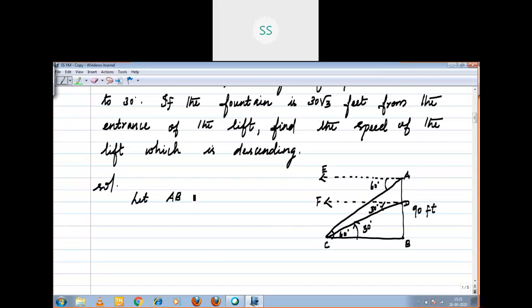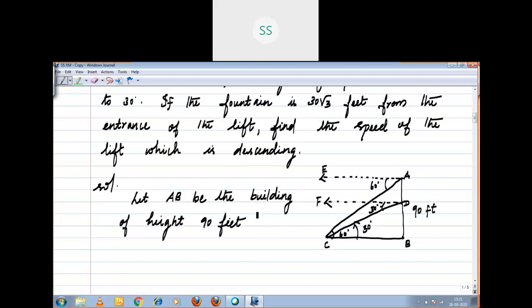AB be the building of height, they have given us 90 feet.